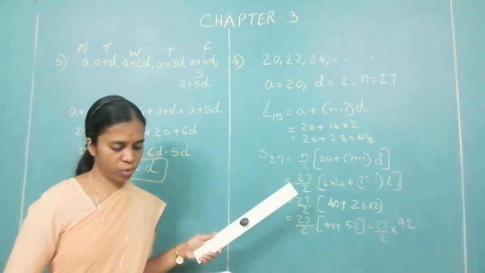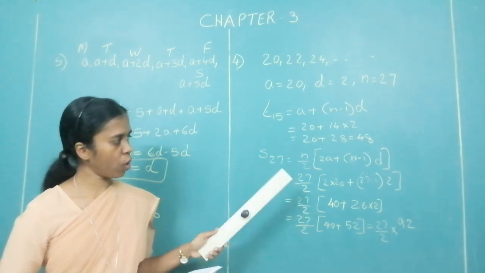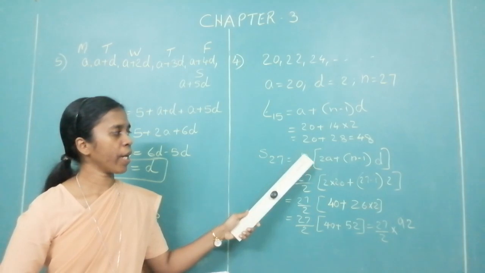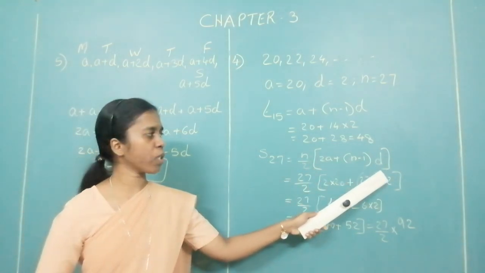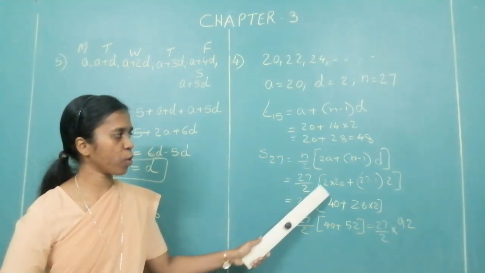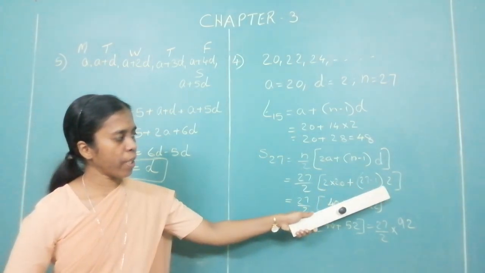What is the next question over there? Find how many total seats are there in the auditorium. That means S27. What is the formula? N upon 2 bracket 2a plus bracket n minus 1 into d. Substitute the values. N is 27 upon 2. A is 20. N is 27 minus 1 into d.